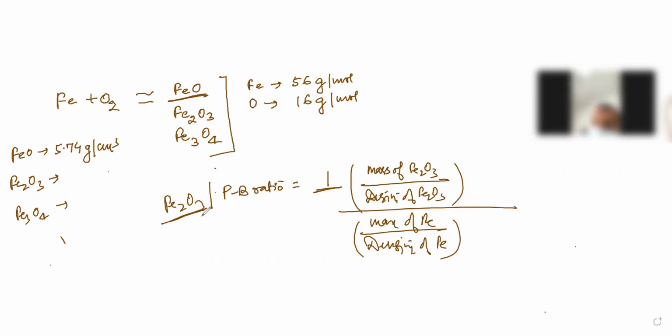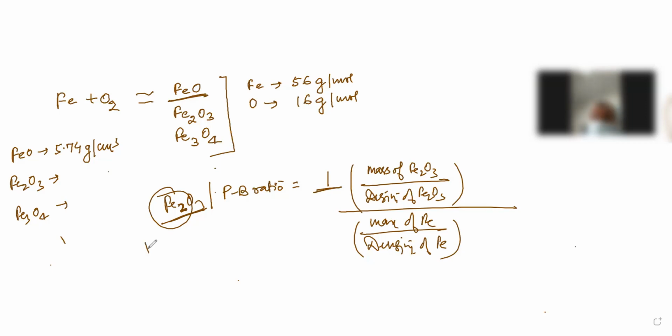We need to make a balance of Fe. What is the number of moles of iron? It is 2, right? In the case of an oxide, you just need to see the number of metal atoms.